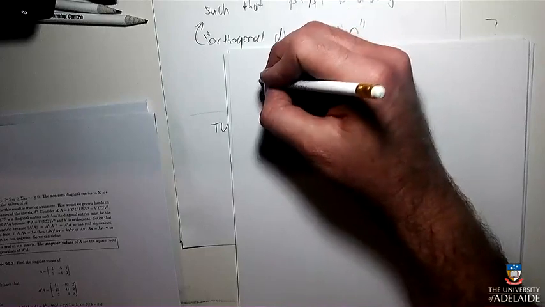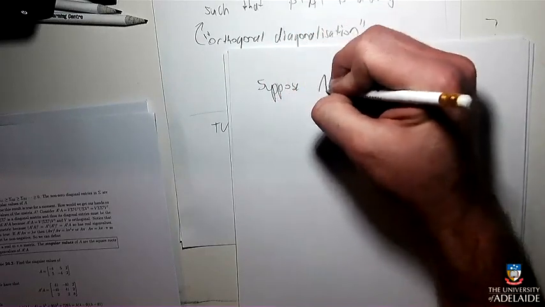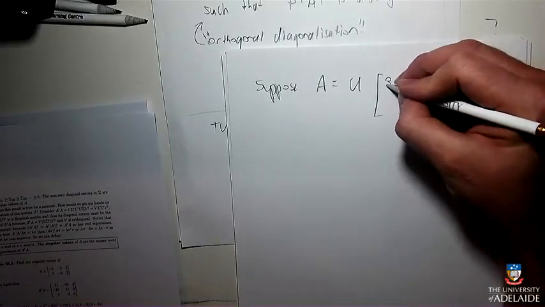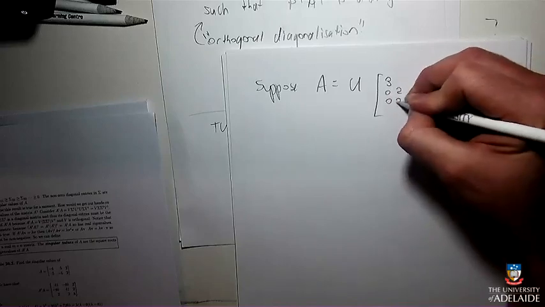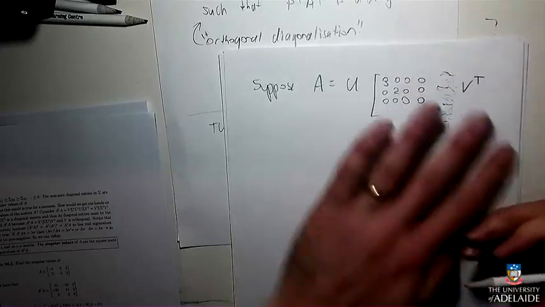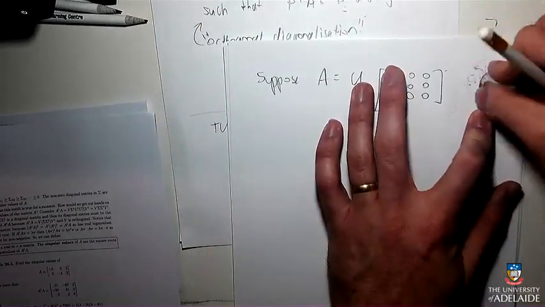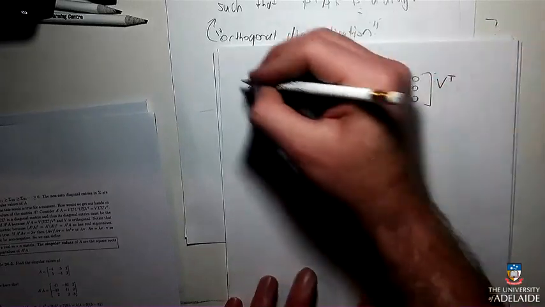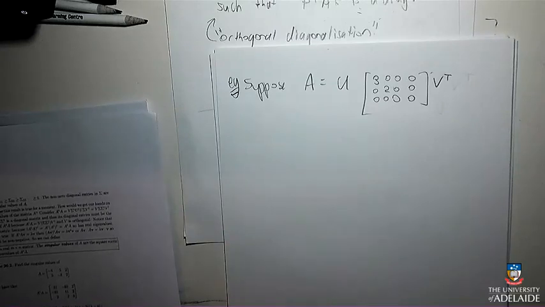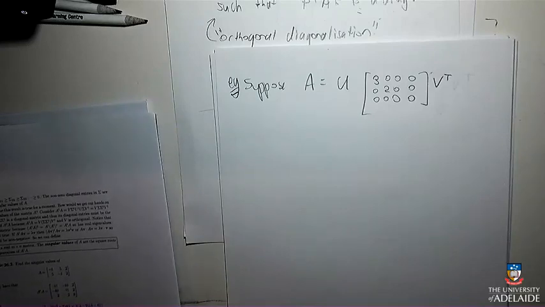So suppose you got your A and it came out to this, just as an example, then these numbers here, the 3 and the 2, are called the singular values of A. I don't know. I'm pretty sure it said, oh yeah, sure. The 0 is as well.